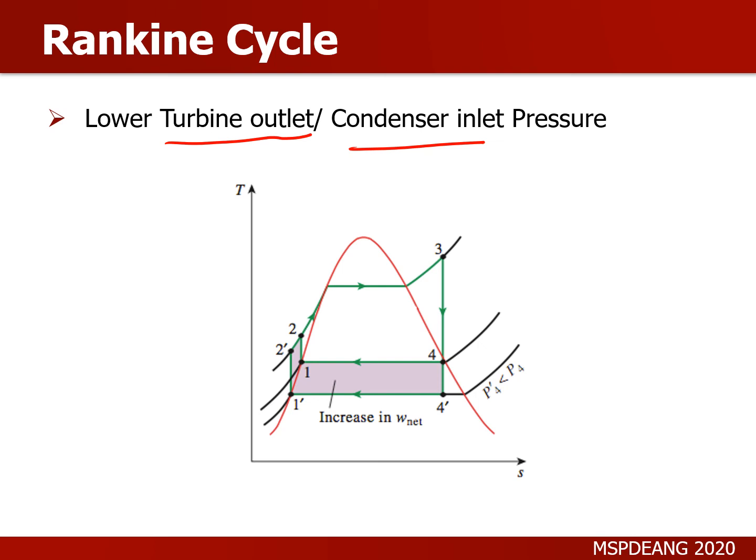So to increase the area, we lower the lower boundary to a lower pressure and thus a lower temperature. With this, if you lower the turbine outlet or condenser inlet pressure, our thermal efficiency should increase since we can now have an increase in the net work.